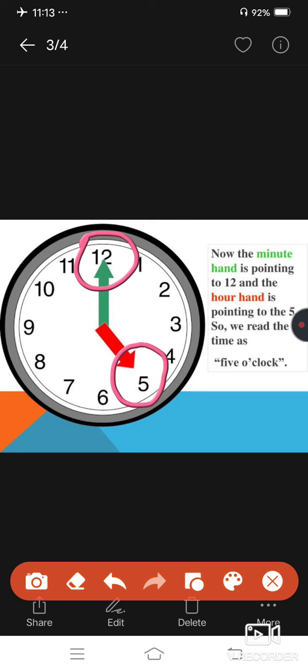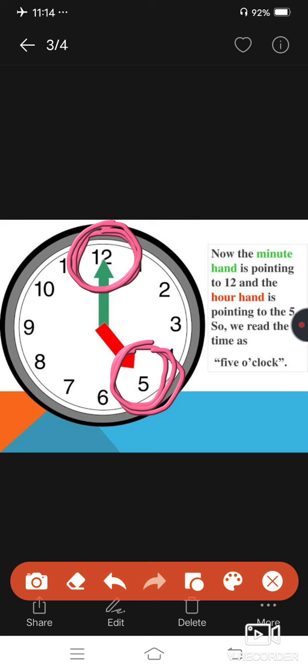It means it is 5 o'clock. Sorry, the short hand is at 5 and the long hand is pointing towards 12. Short hand at 5 and long hand at 12. That means it is 5 o'clock.